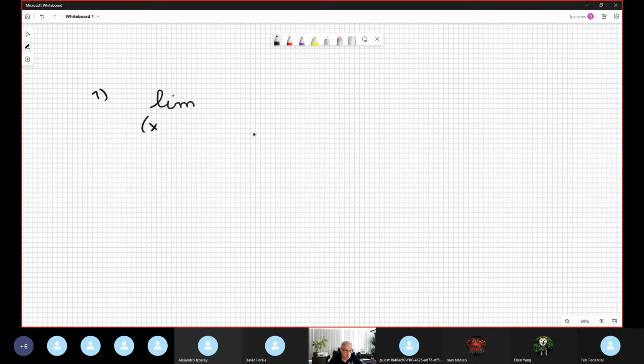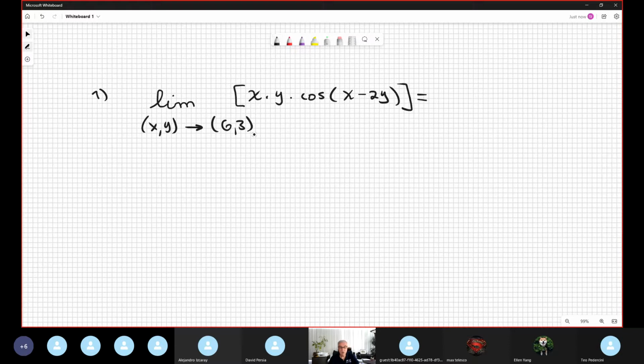When x comma y approaches 6,3. The function in the argument of the limit is x times y times cosine of x minus 2y. As always, when you compute the limit, you plug it in. If the answer is a number, we finish the story.